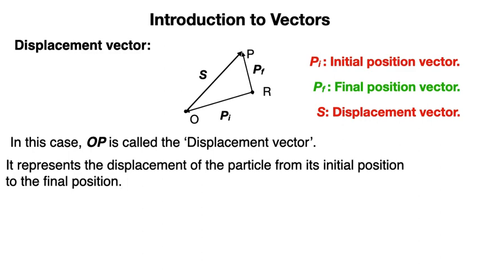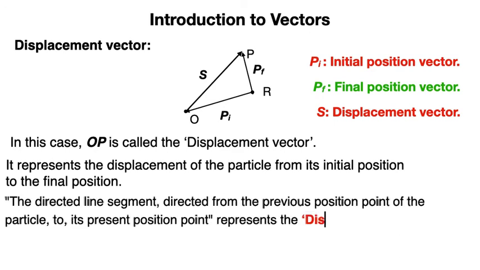The directed line segment, that is directed from previous position point of the particle to the present position point, represents the displacement vector. See here, Pi is the initial position vector, Pf the final position vector, and S is the displacement vector.